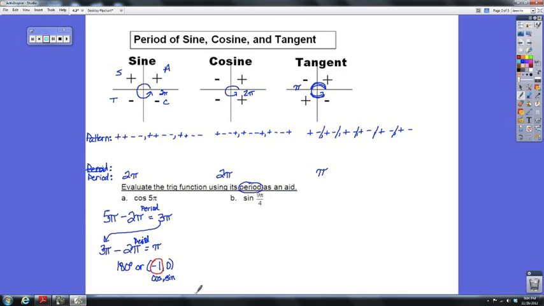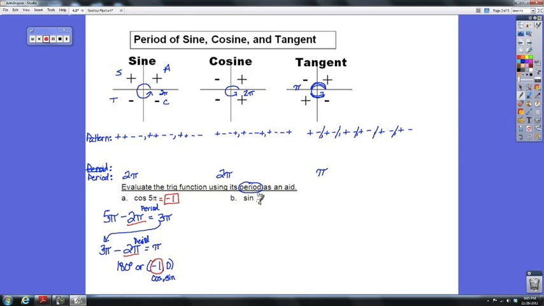There's your cosine value. So the cosine of 5 pi equals -1. But what you had to do is subtract a couple of periods, a couple of complete revolutions, to get it back on the main original unit circle to find what the cosine value would be.